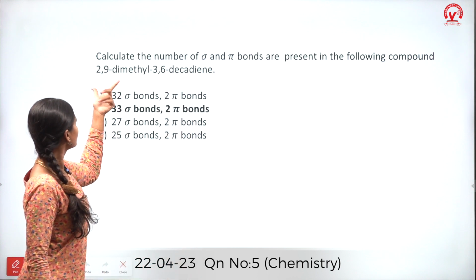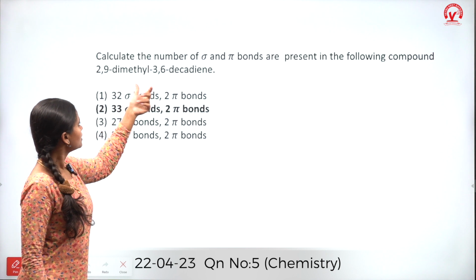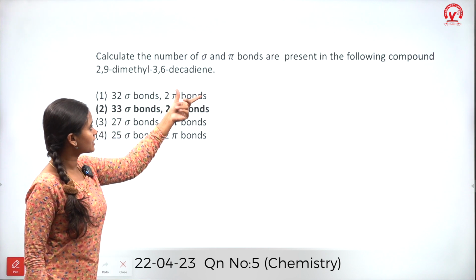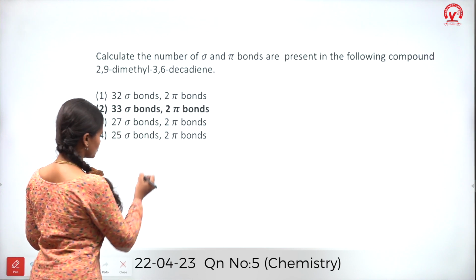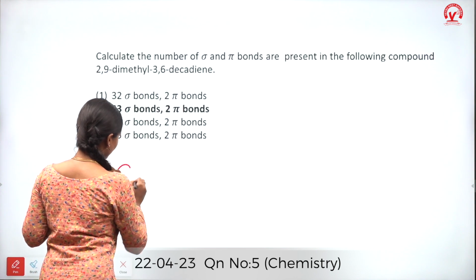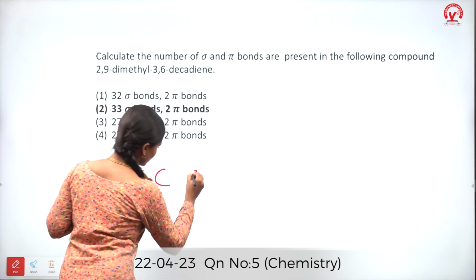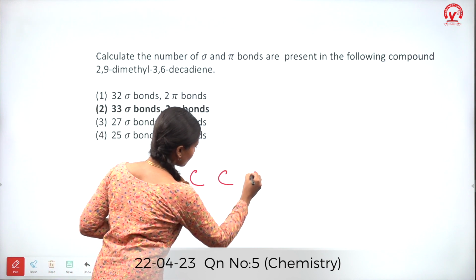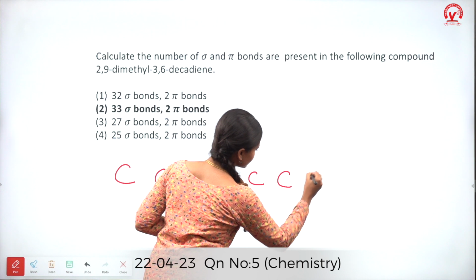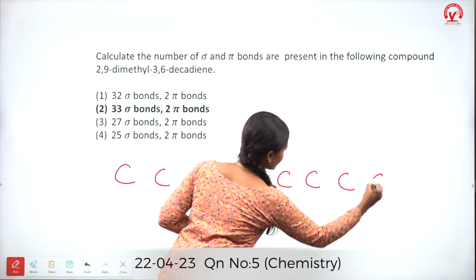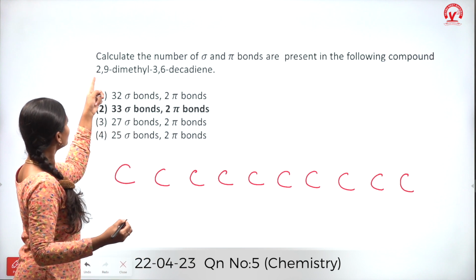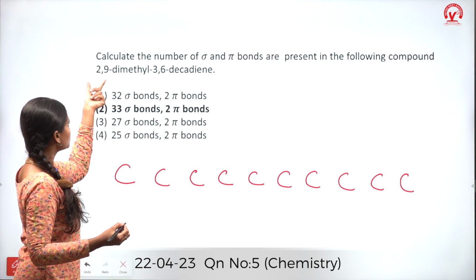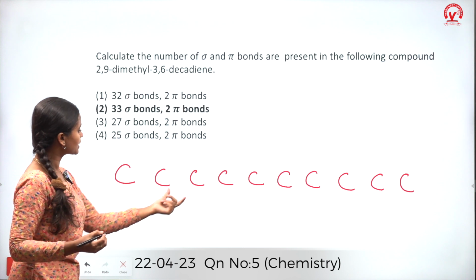The compound is 2,9-dimethyl 3,6 decadiene. Deca means 10 carbon atoms. So we write 1, 2, 3, 4, 5, 6, 7, 8, 9, 10 carbon atoms. And 2,9 dimethyl: the 2 and 9 positions have a methyl group.